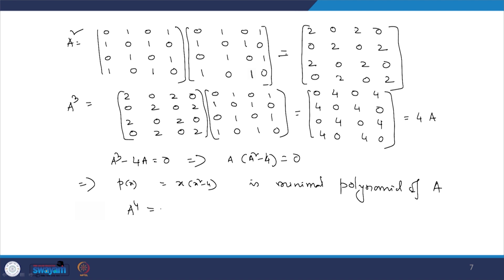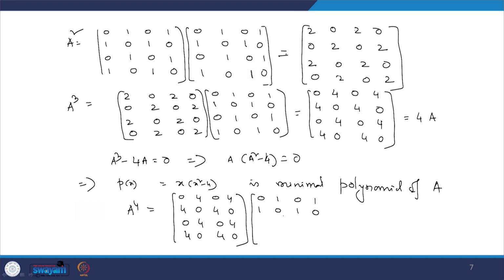A to the power 4 will be, I can simply say that 0, 4, 0, 4, 4, 0, 4, 0, 0, 4, 0, 4, 4, 0 and 4, 0. Yeah. So, when I multiply this into 0, 1, 0, 1, 1, 0, 1, 0, 0, 1, 0, 1, 1, 0, 1, 0, what am I getting?